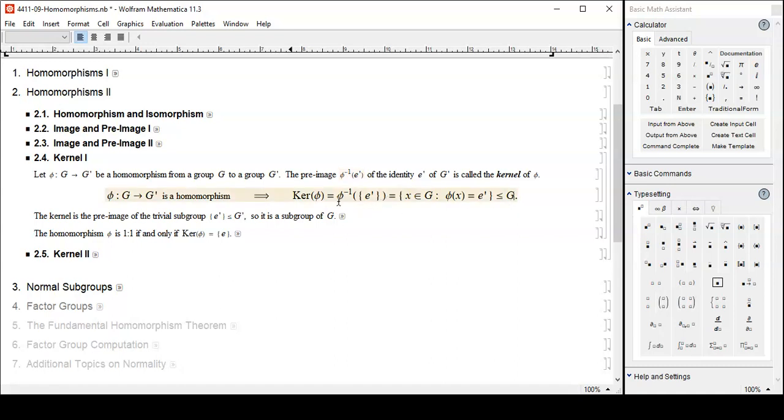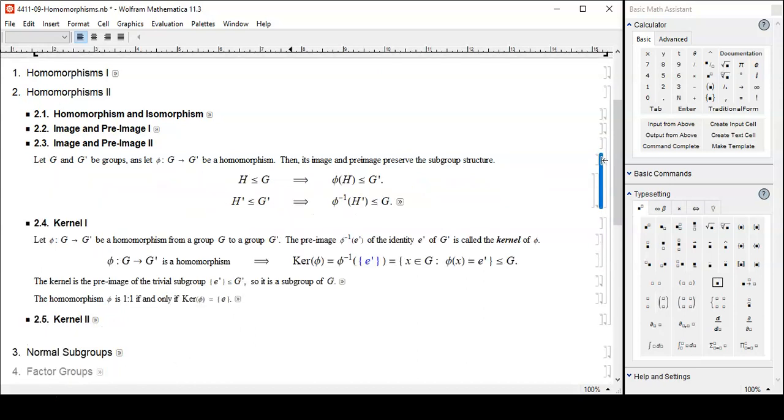But the starting set is like this. And then what is this? This is a trivial subgroup of G prime. And remember the property of the preimages and images here, especially this one. Both images and preimages of homomorphisms preserve the subgroup structure, especially here.